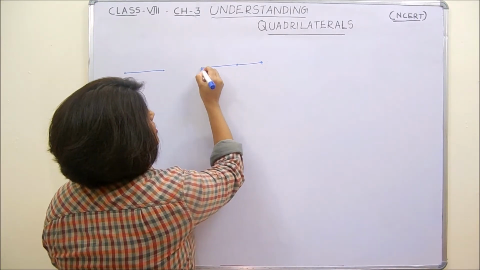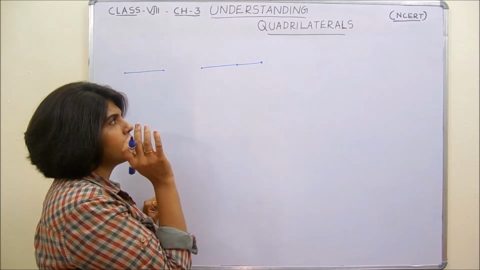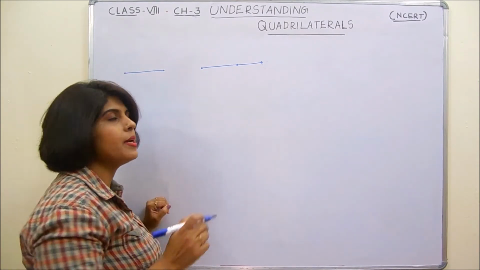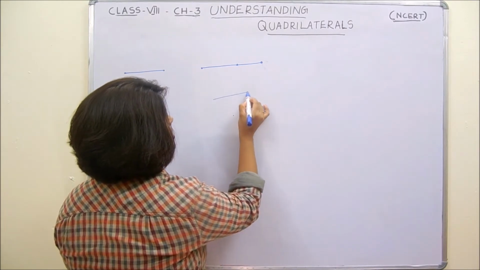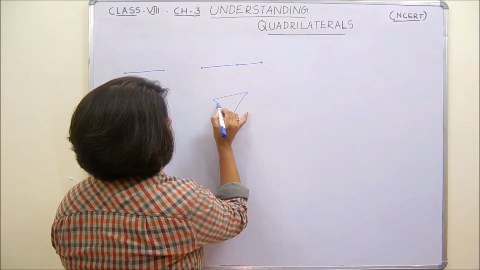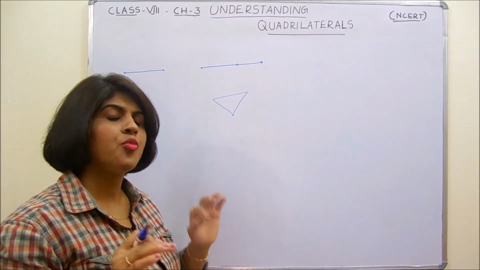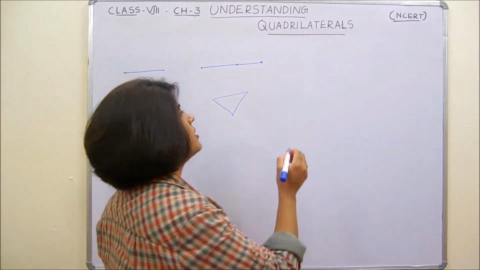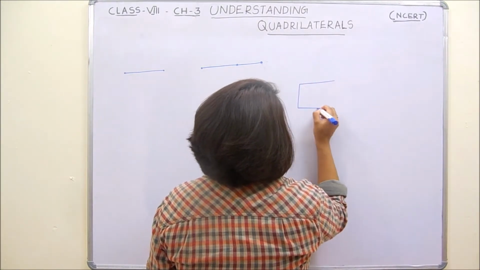So, these points are known as collinear points. And if we are considering 3 non-collinear points, then we can form a triangle, isn't it? And if we are considering 4 non-collinear points, then we can form a quadrilateral.